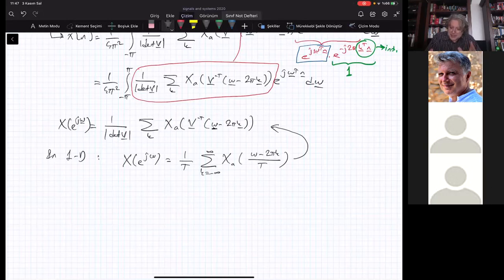The magnitude of T corresponds to the absolute determinant of V, and voila, this is what we have.